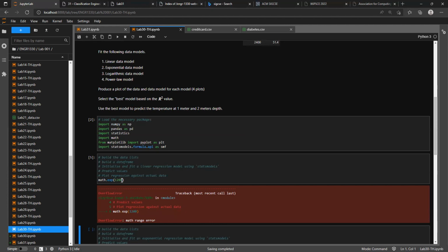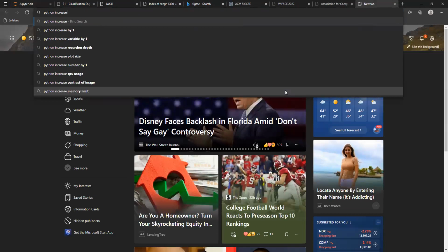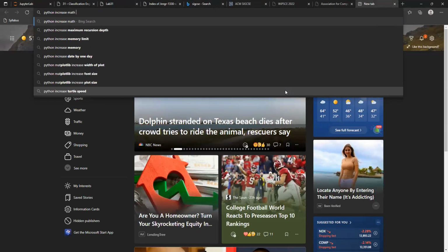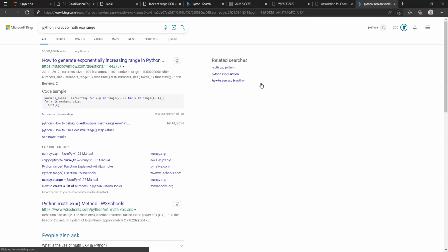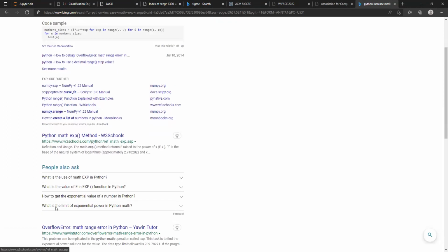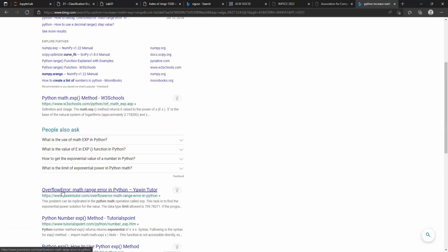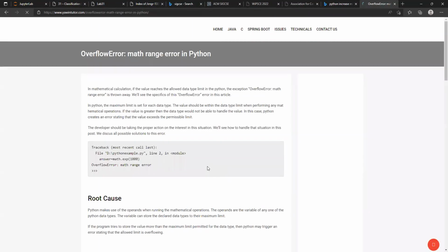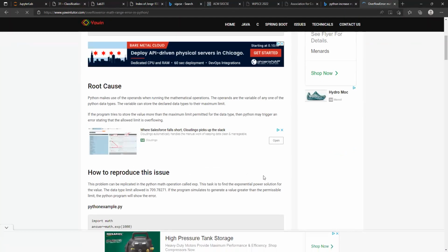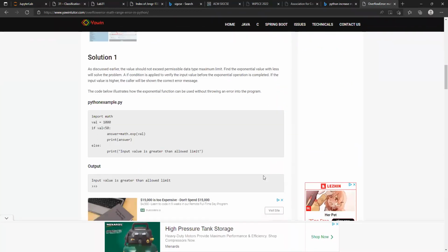I think there's a way in Python to increase the math range. Yeah, it's just an overflow.